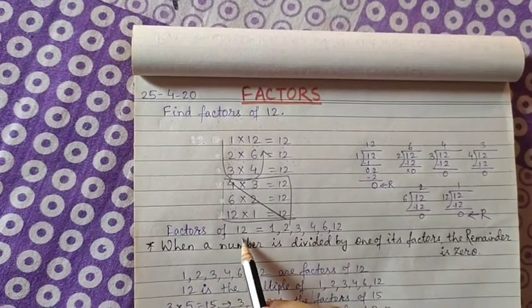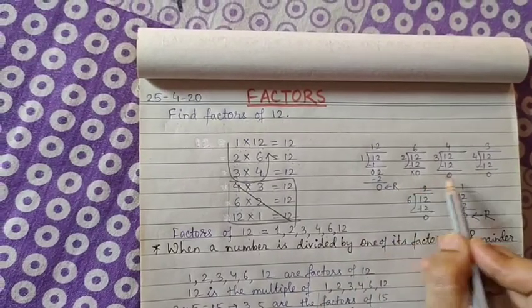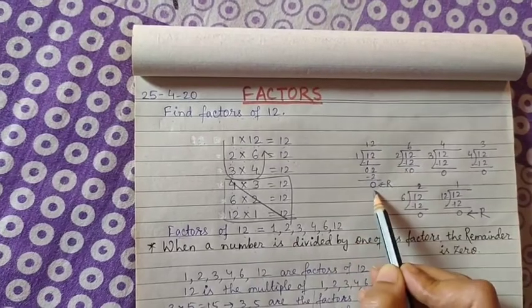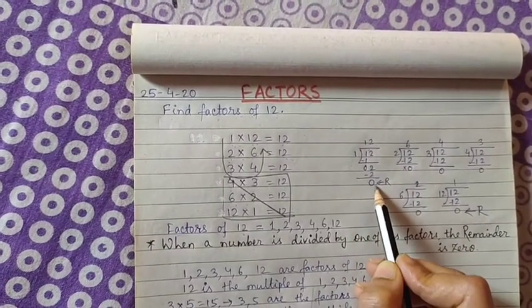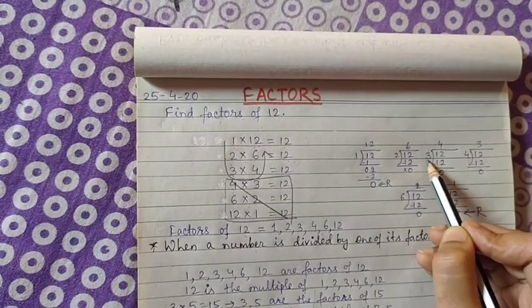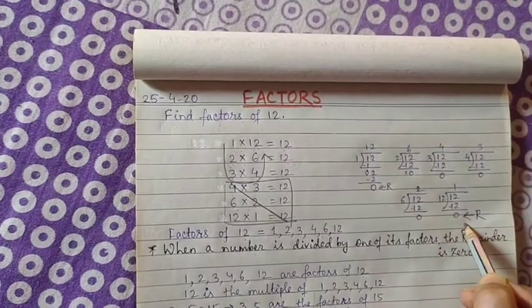Now if you divide this 12 with each of the factors, here you see in every case your remainder is 0. Like 12 divided by 1 is 12 quotient and remainder 0. 12 divided by 2, 2 6 are 12, remainder 0. 12 divided by 3, 3 4s are 12, remainder 0. So in all the cases remainder is 0.